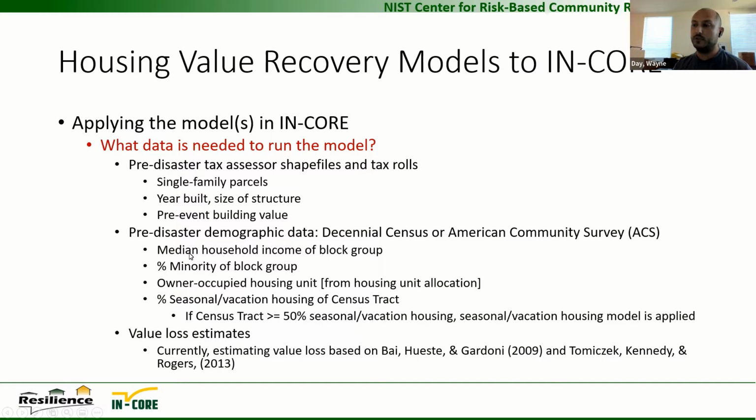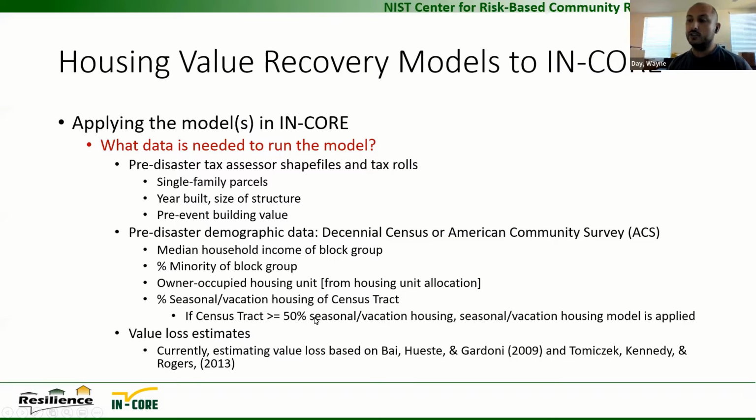So these top two variables are at a block group level, and then through the housing unit allocation, we're taking that data that is aggregated, but then it's getting deaggregated, and we're assigning an owner occupancy or non-owner occupancy, which you would say renter occupied, to each structure.